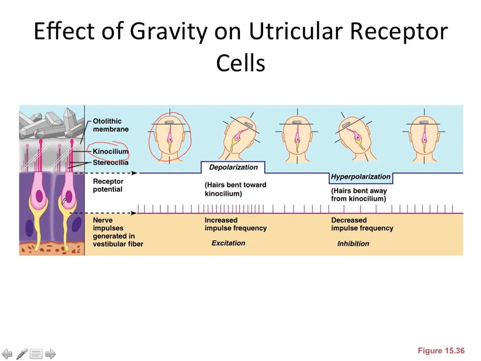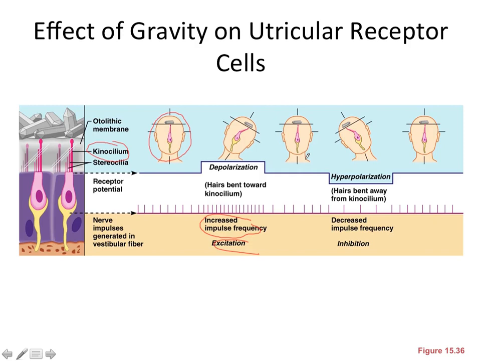Those neurotransmitters are glutamate. Once glutamate binds with the nerve terminal, the nerve terminal will generate action potentials. So if we move our hand towards the kinocilium, that makes more action potentials.